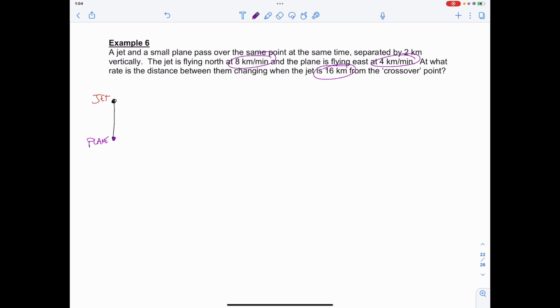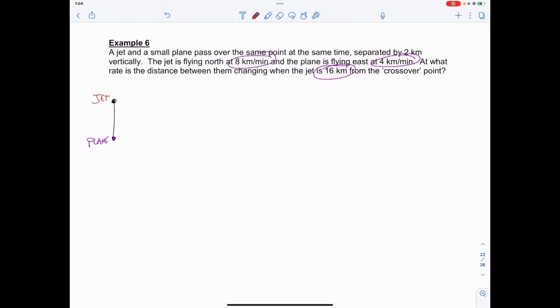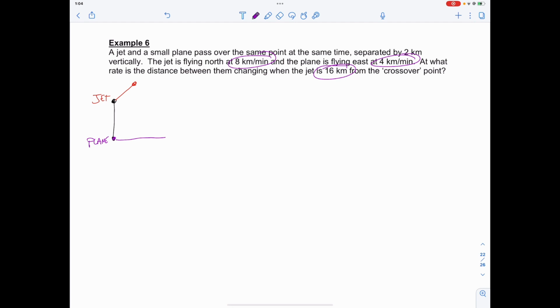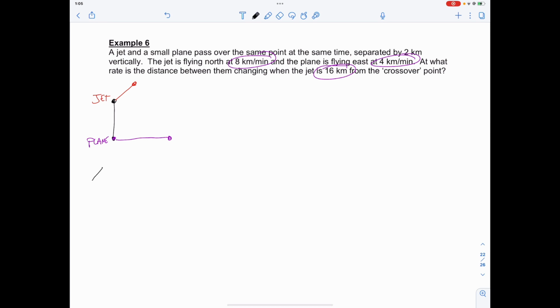So one is heading east, one is heading north, but we're assuming that vertical distance doesn't change, which means that they're really just operating off of the same sort of horizontal plane, which means that I'm going to have to think of it as the jet traveling north and the plane is traveling east. Like if I had a compass lying on its side.